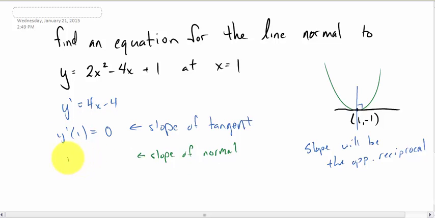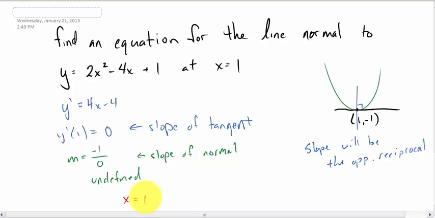So that will be, we'll call it m, the opposite of 1 over 0, well, that's undefined. And that matches with what we would expect because our tangent was horizontal. That means our normal has to be vertical. The equation of this vertical line is x equals 1.